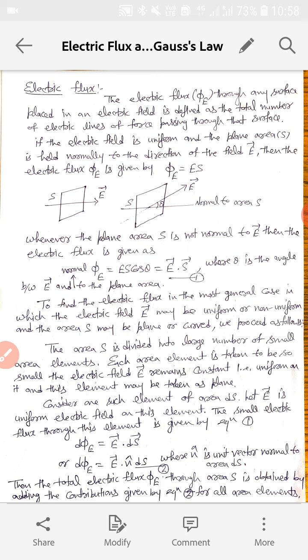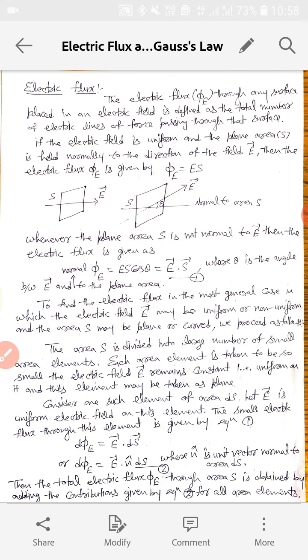as the total number of electric field lines of force passing through that surface. Okay, if we consider any surface through which electric field lines of force are crossing, then the total number of electric field lines crossing through that surface is known as electric flux.